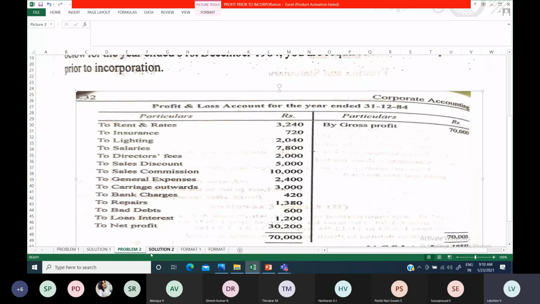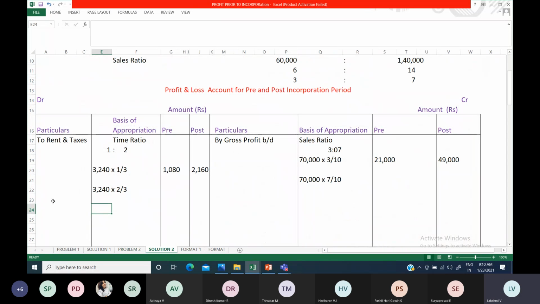Okay, so insurance 720. Again, debit side, to insurance 720. It has to be done based upon time ratio. Mention that one. So again, your ratio is 1:2.